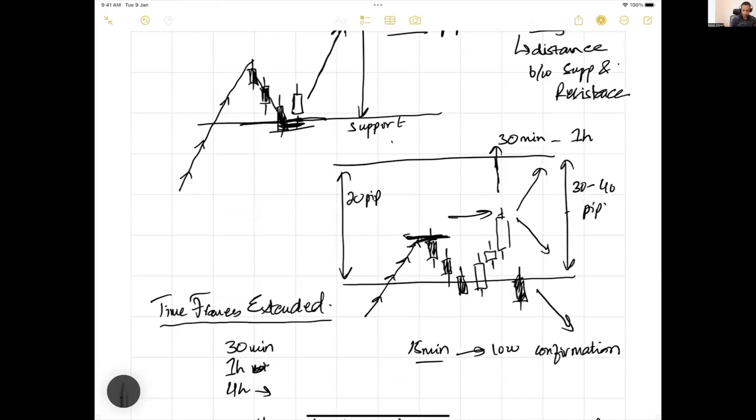Yes, no, because it's in an uptrend, something we're going to talk about tomorrow. Whenever you have uptrends, you're waiting for price to have a pullback, create some sort of support, and then continue to push up.